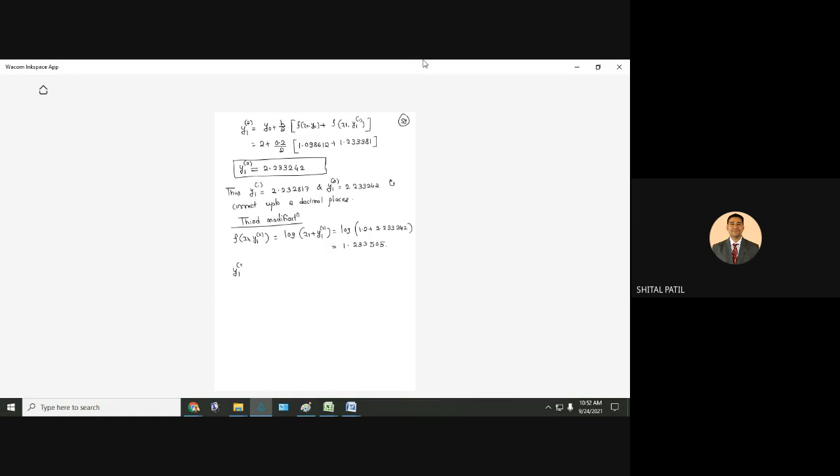So y1 raised to 3 is y0 plus h by 2. I think this time we'll get the answer correct up to 3 decimal places. We'll check it. f of x1, y1 raised to 2, so it was 2 plus 0.2 divided by 2, then 1.098612 plus 1.233505.